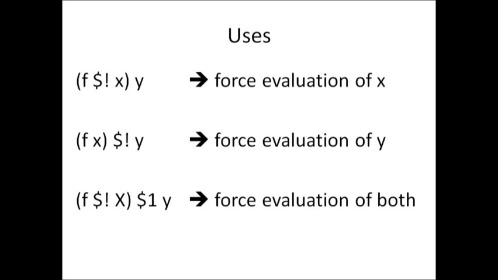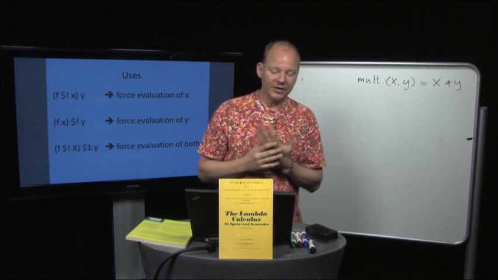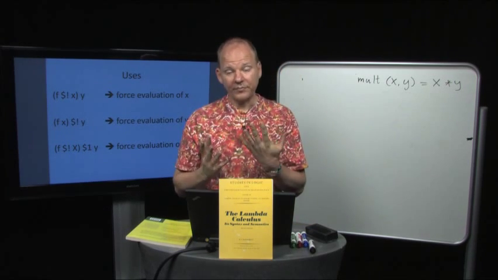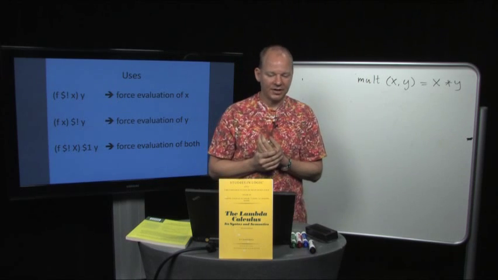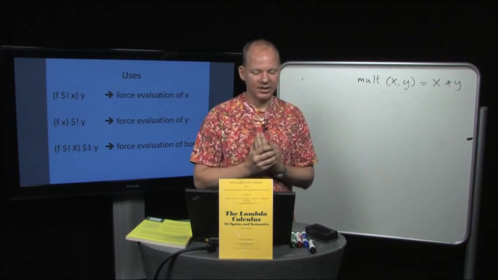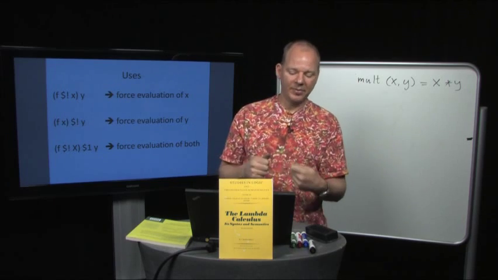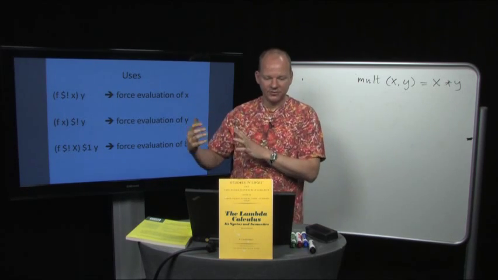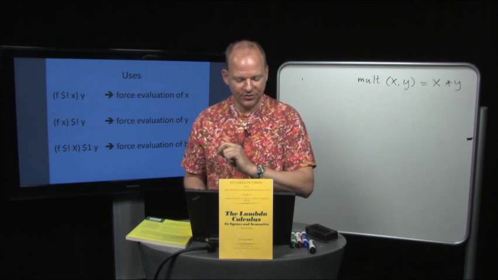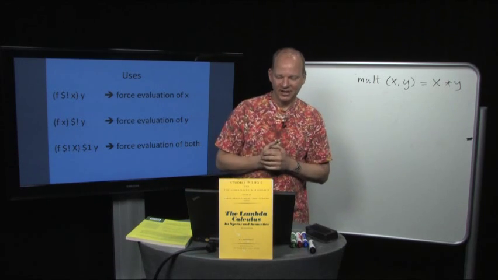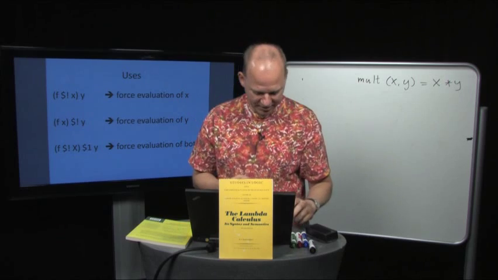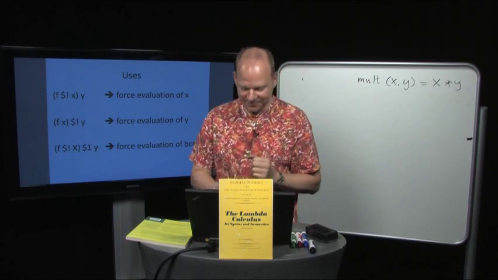F of x, since f is a curried function, will just evaluate to a function that still waits for its second argument. It will force the evaluation of that second argument and then apply the function. And if I want to execute both of them, I write the expression below here on the third row, f $! x in parens applied to y. Not $1, of course, that should be a $!. There you see that I forgot to use the shift key.